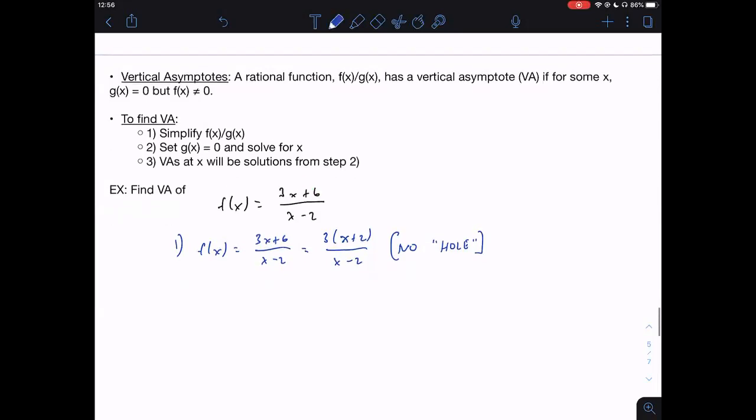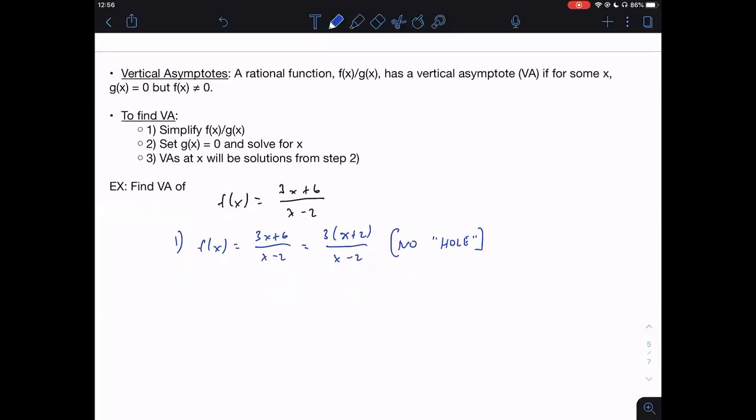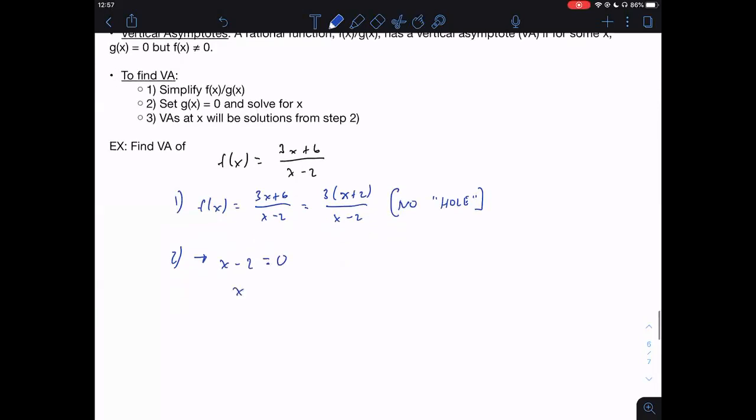In other words, this is already simplified. So now for the second step, take our function, set the denominator equal to 0 and solve for x. We take our denominator of x minus 2, set that equal to 0, to give us x equals 2.